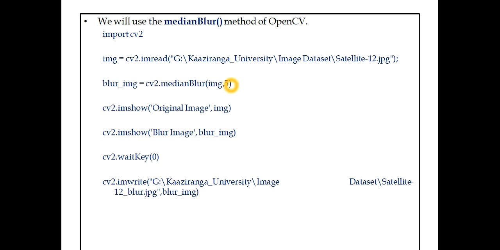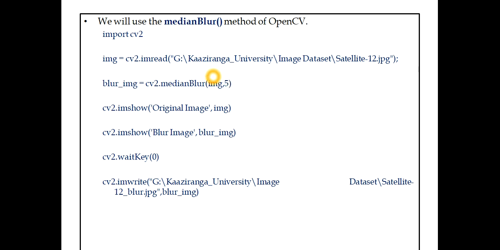What is this 5? 5 means I am applying 50% median noise with that median blur. I'm applying this median blur with respect to 50% of the salt and pepper noise. So that's why 5. You may note it: 5 refers to 50% of the noise with respect to the median blur function.